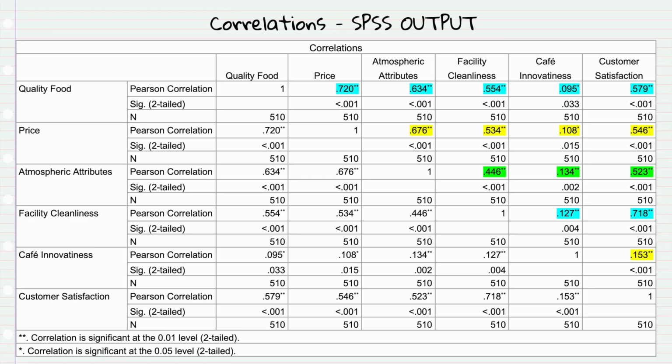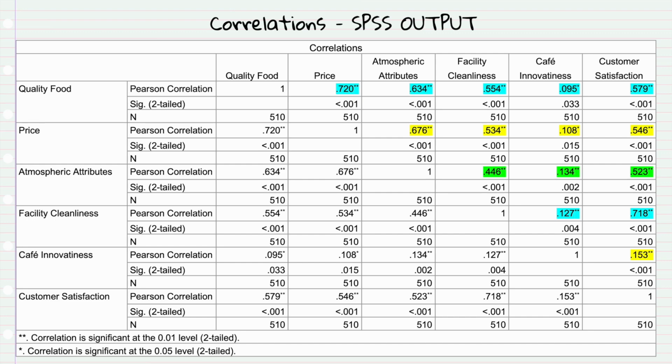It means that the relationship exists, but it is not strong. Innovativeness contributes a little to satisfaction, but not much. Customers may appreciate innovation, but it is not a main satisfaction driver. This distinction becomes very important when we move to regression later.